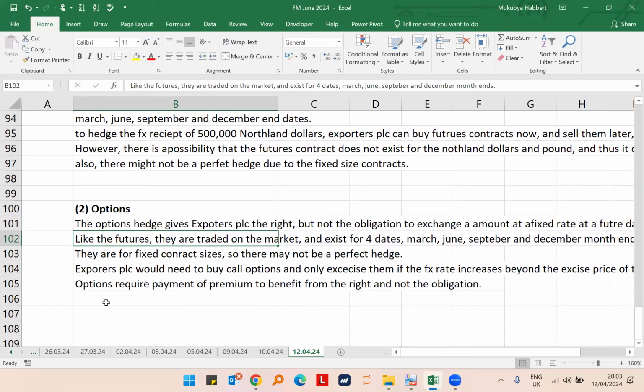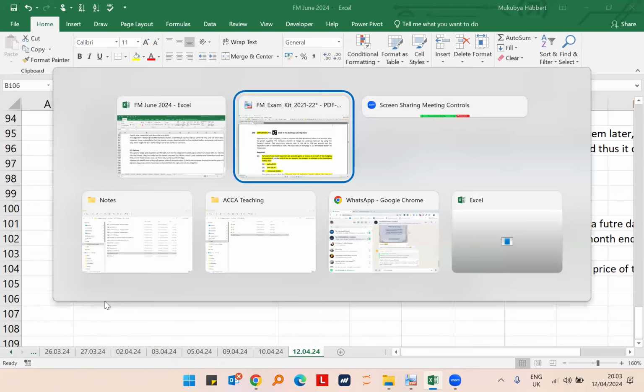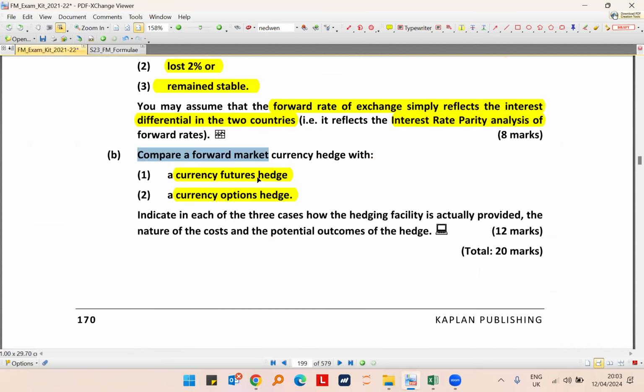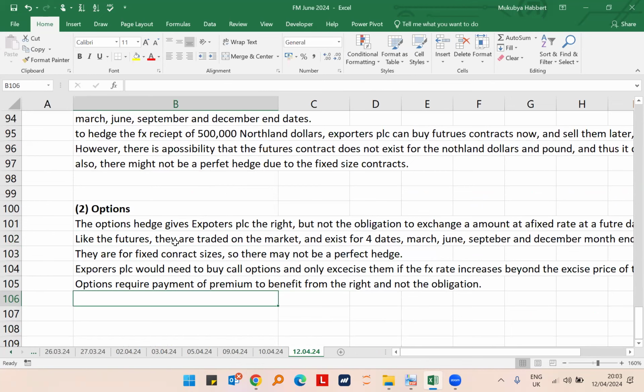You also have to compare the forward rate with these things. Here you have not yet compared the forward rate with the options. You can compare by saying that the forward rate is a contract: when you enter into it, you have no way of backing out, yet with options you have the option to exercise or not.